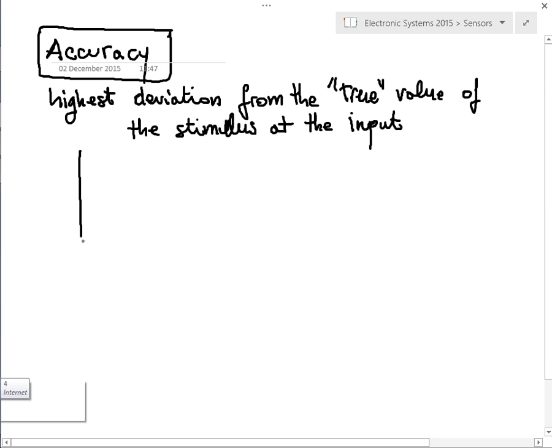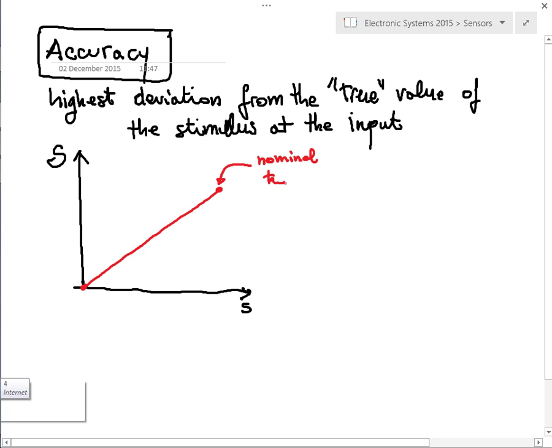Let us introduce it with an example. Let's assume that this is the nominal transfer function, a linear one. And you see from the definition that the accuracy is a quantity defined at the input.